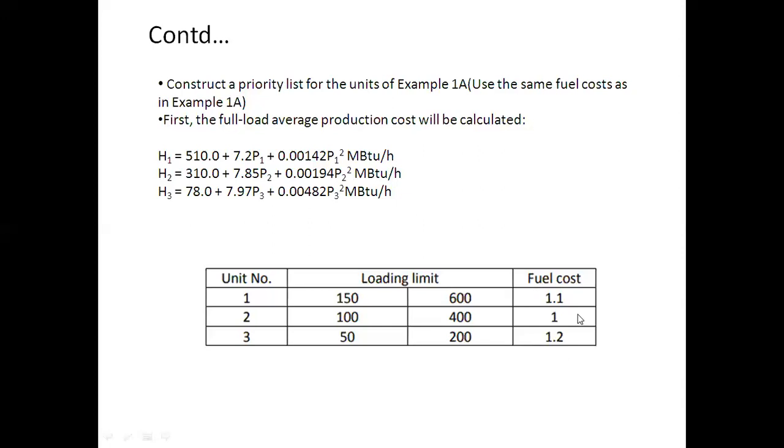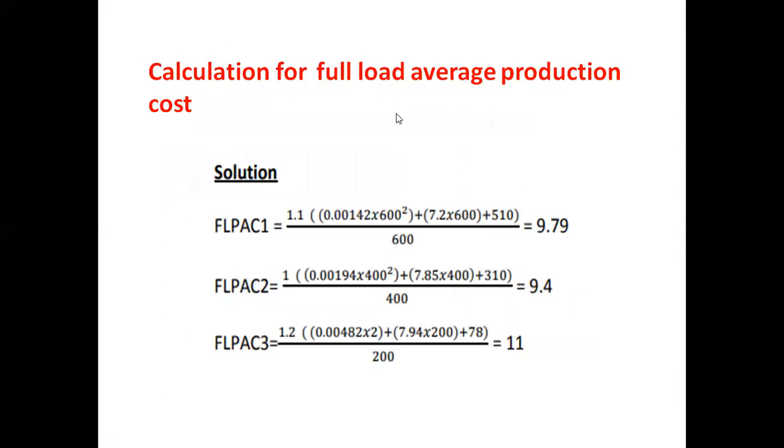Then we give priority to the unit which has less full load average production cost. So that is the calculation for the average production cost for unit 1.